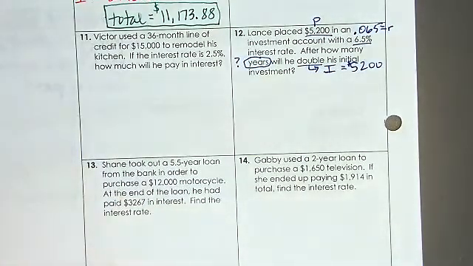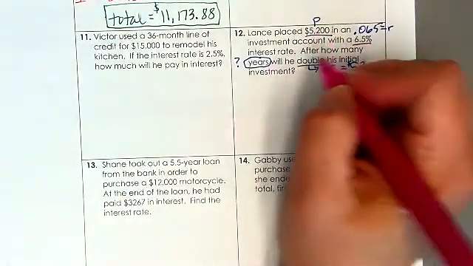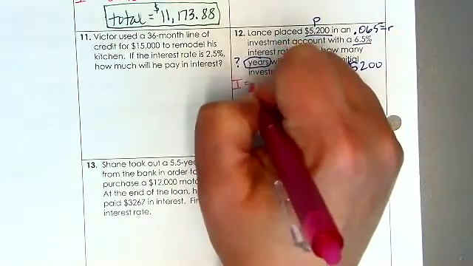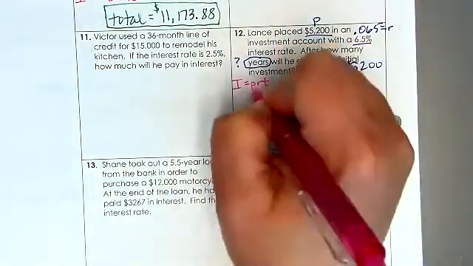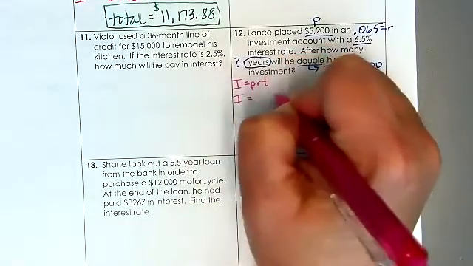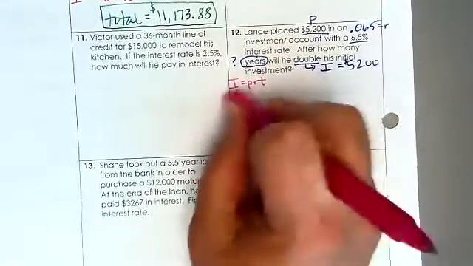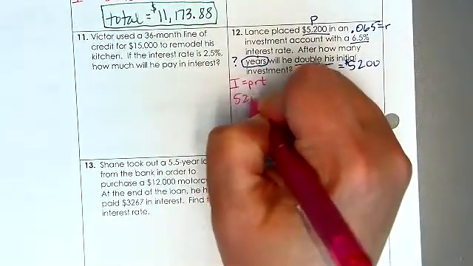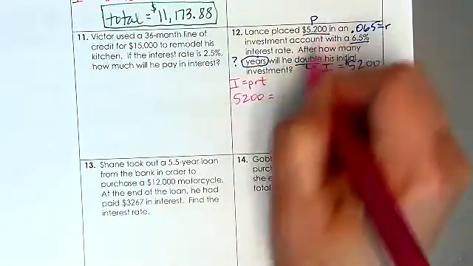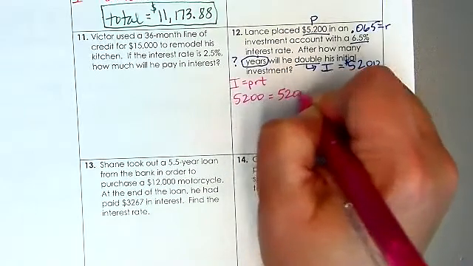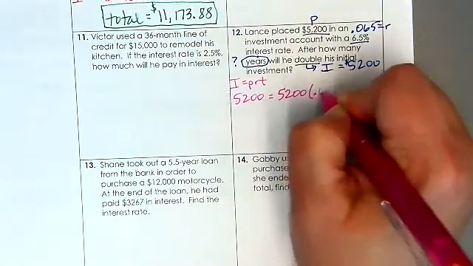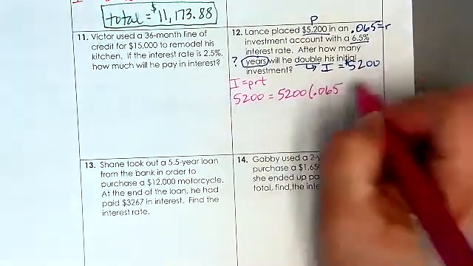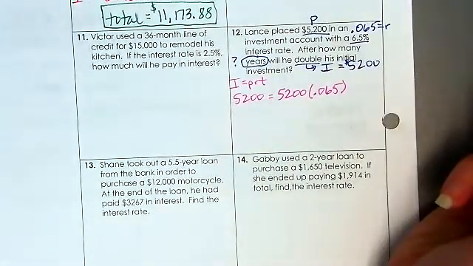Okay, so now we plug into the formula of I equals PRT, I-PRT. So I'm plugging in for I because I know what I is. So I have 5,200 equals, my principal is also 5,200. And I have my rate of 0.065, but I don't know what T is.